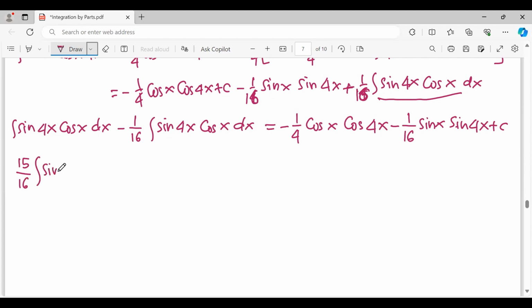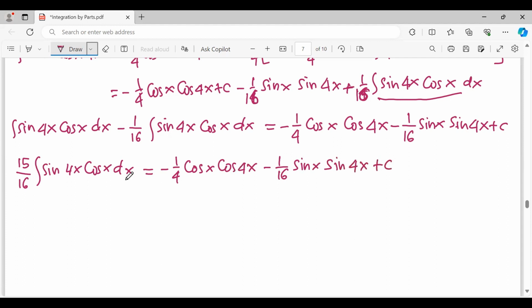Well, the integral of sine 4x cosine x dx equals minus 1/4 cosine x cosine 4x minus 1 over 16 sine x sine 4x plus c, multiplied by 16 over 15 for all parts.